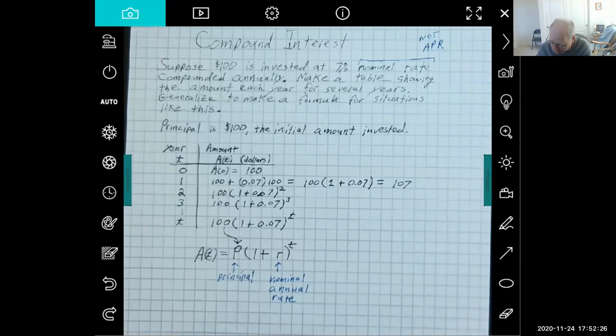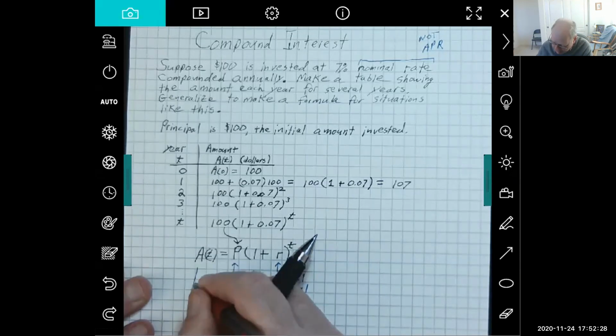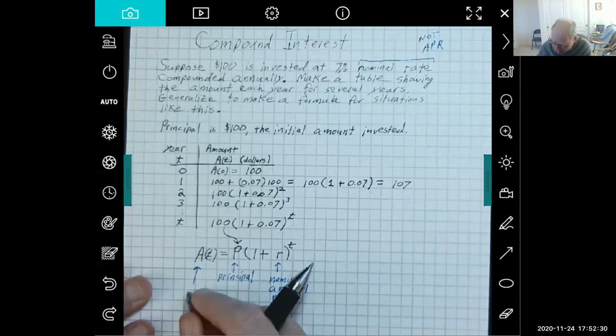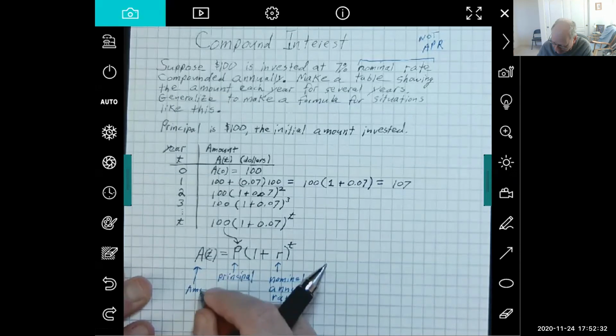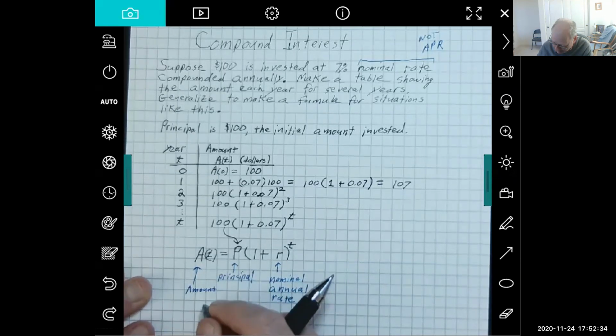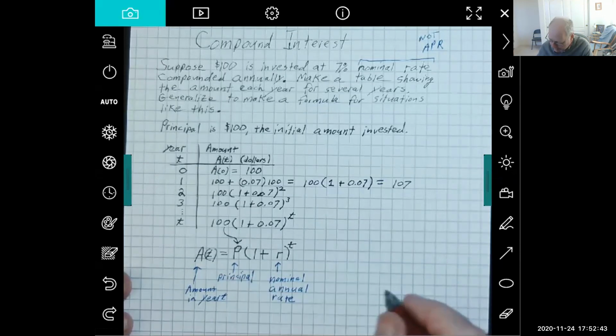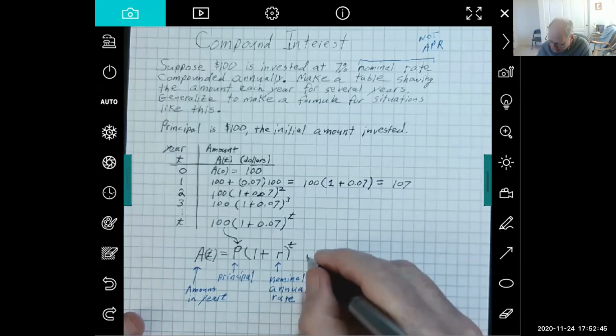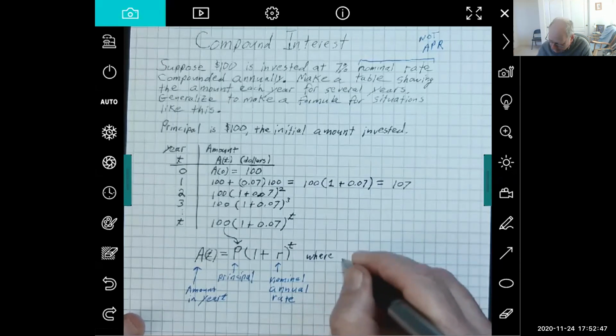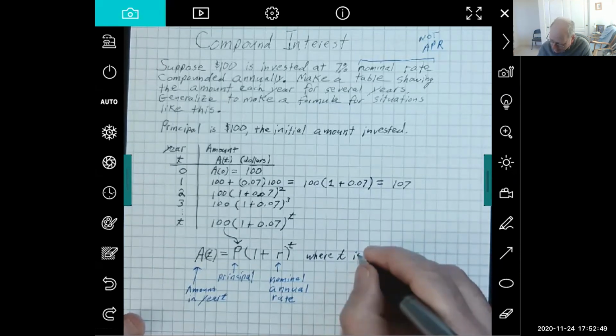So the A of t here is the amount that you have in year t, and t is the time in years.